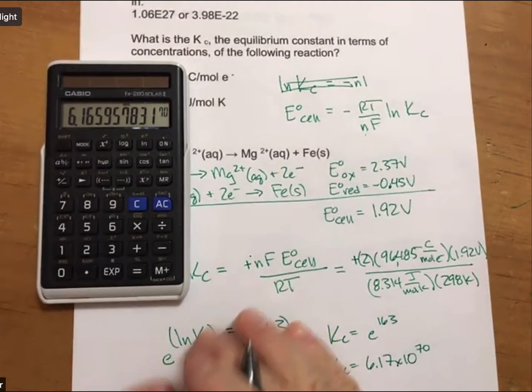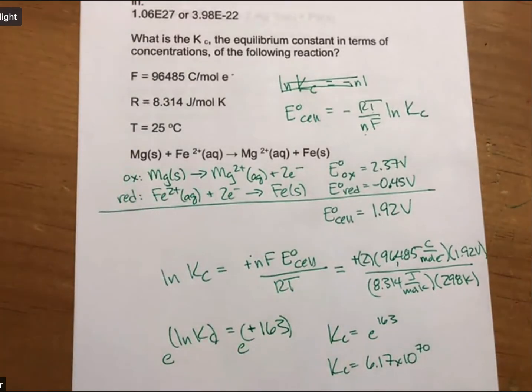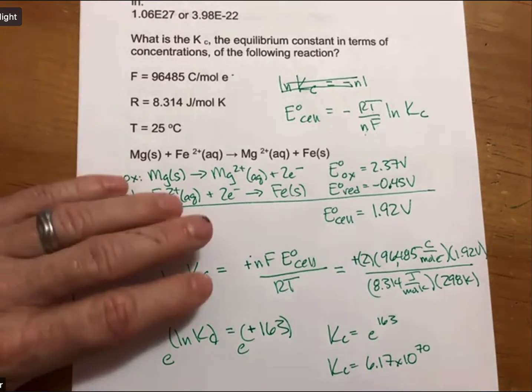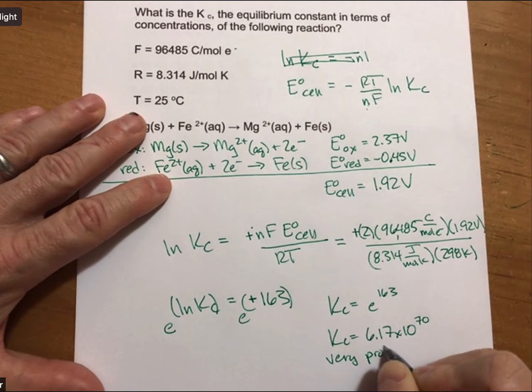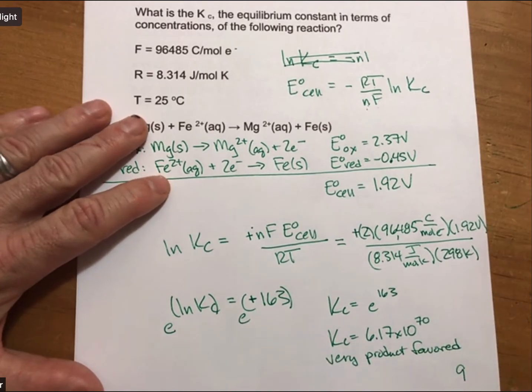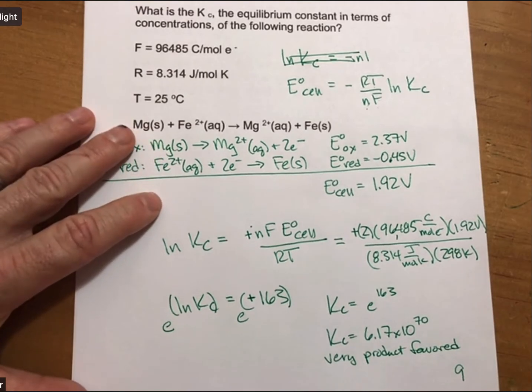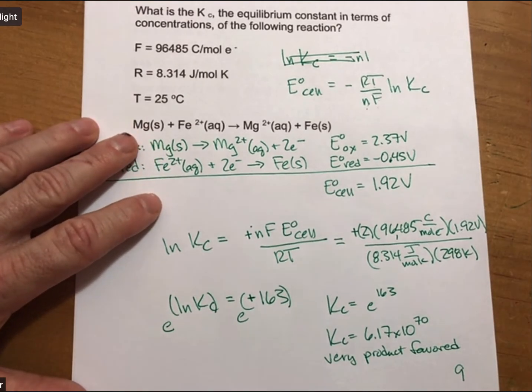Which is a very large number indeed for your Kc value. This is very product favored. At equilibrium, there are essentially no reactants left.